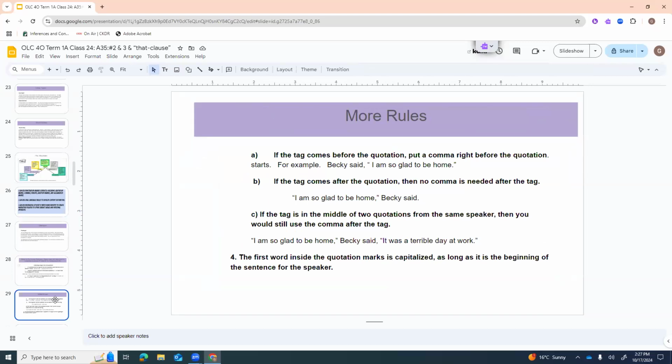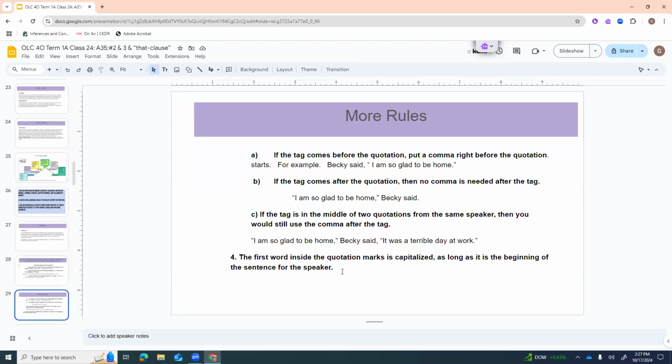If the tag comes before the quotation, put a comma right before the quotation starts. So Becky said, comma, I'm so glad to be home. If the tag comes after the quotation, then you don't need a comma after the tag. You would just probably put a period to end the sentence. If the tag comes in the middle of two quotations from the exact same speaker, then you do still use the comma after the tag.